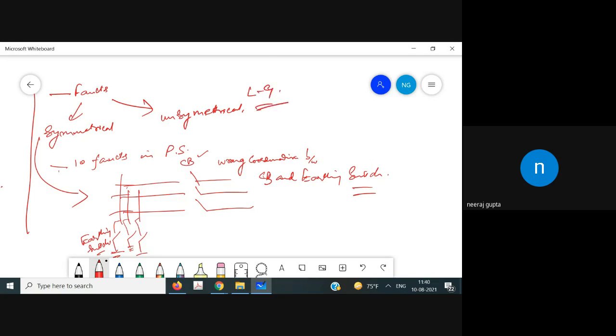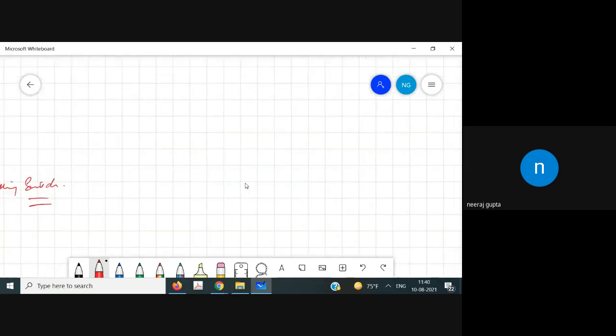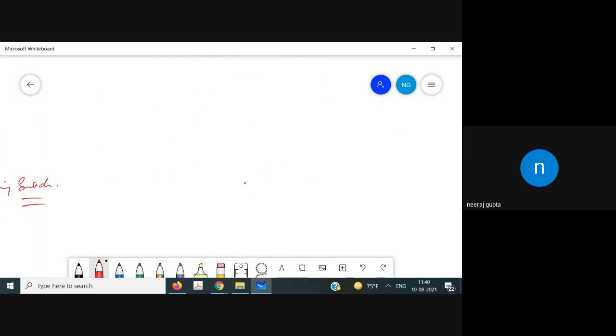Now we have discussed the possibility of the different types of faults. If you take the case of the LG fault, then we have LL fault, LLG fault.